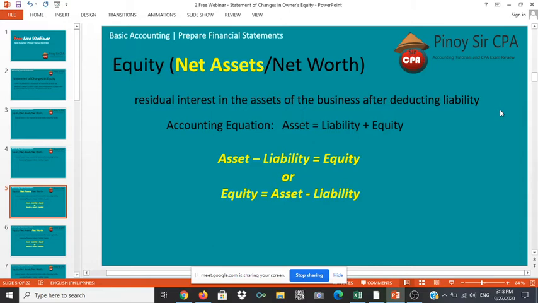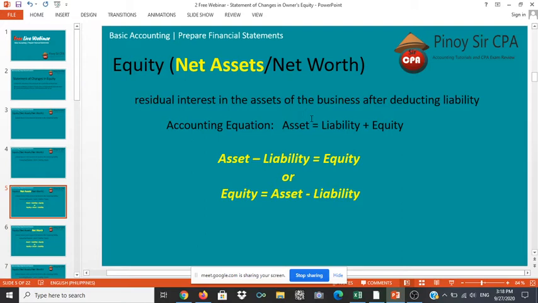Ang total asset daw kasi pag binawasan ng total liabilities, ang sagot, equity. Kaya rin natin tinatawag na net asset ang equity. Okay? As you can see, equity is also called as net asset. Meaning, the total asset is greater than the total liability. Kaya nga, net asset ang tawag. Parang net income, di ba? Total income is greater than total expense.